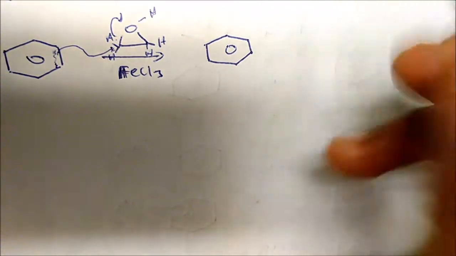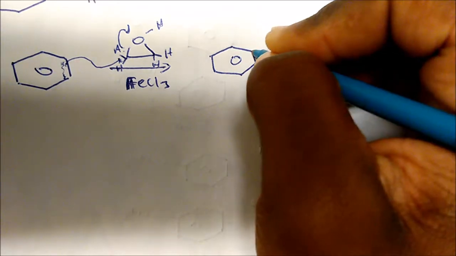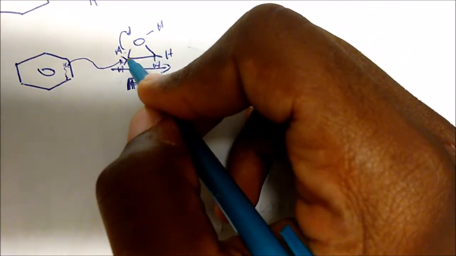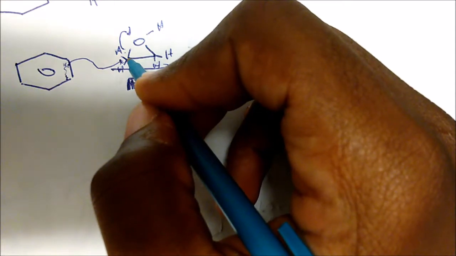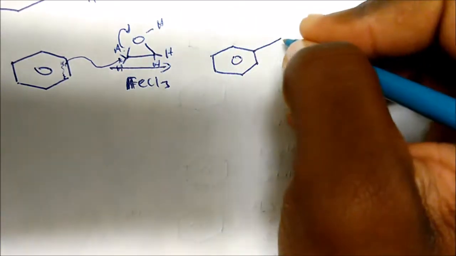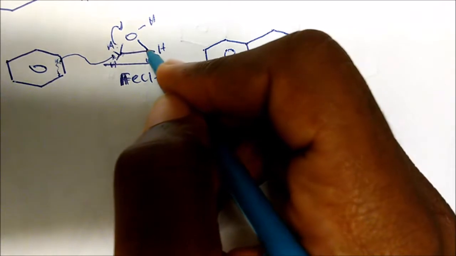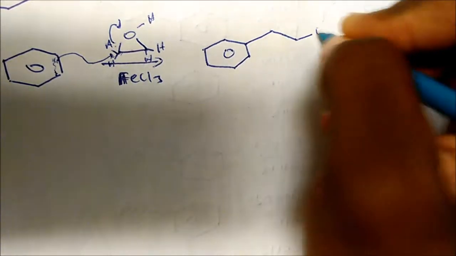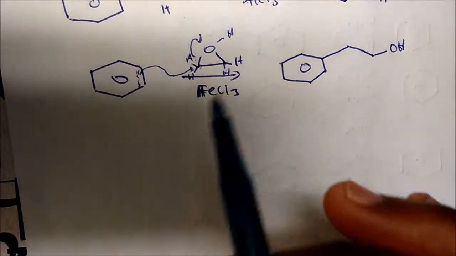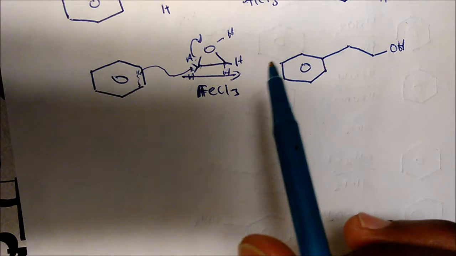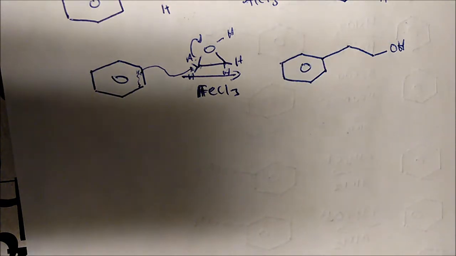What I'm going to show you is how the bond is made. So one of the pi electrons is used as a bond. So we get bonded to one of these carbons that has this carbon floating along and our OH on the end. So we get alcohols. That's the idea that I want you to get. With benzene rings, epoxides and Lewis acids, we create alcohols.